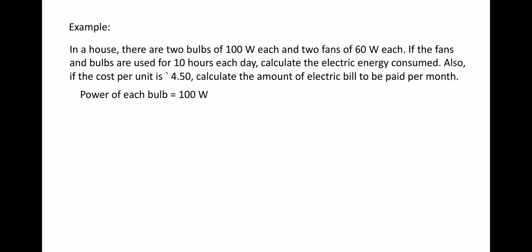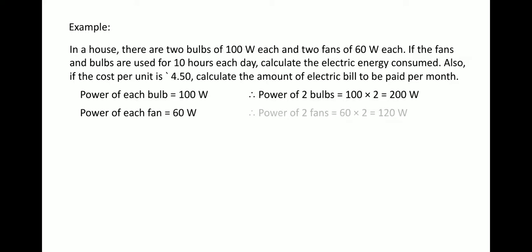So the power of each bulb is 100 watt. There are 2 bulbs, therefore the power for 2 bulbs will be 100 into 2, 200 watt. And also there are 2 fans of 60 watt each. So power of each fan is equal to 60 watt.